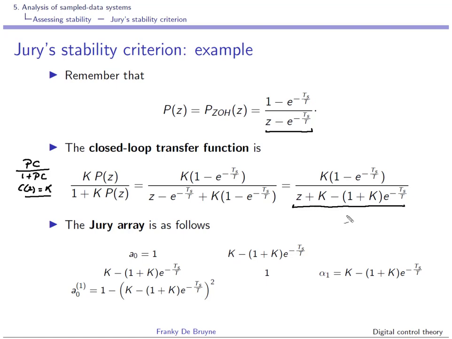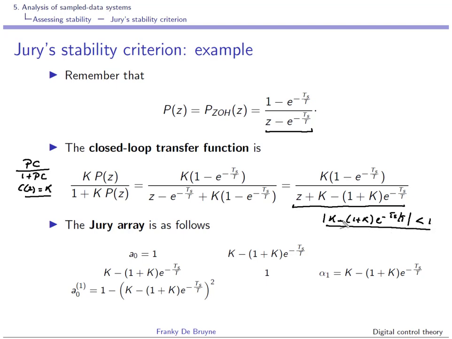And here, of course, you do not need the Jury stability criterion, because you will see that this closed loop is stable if k minus 1 plus k exponential of Ts over T, in absolute value, is smaller than 1.